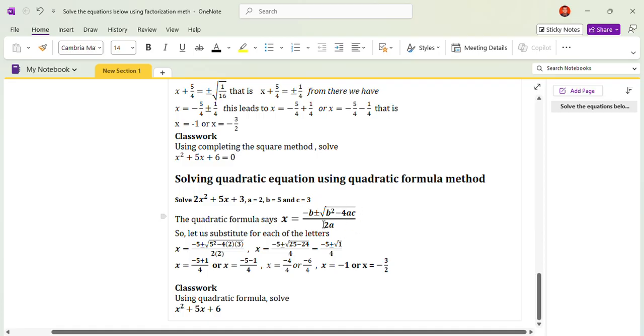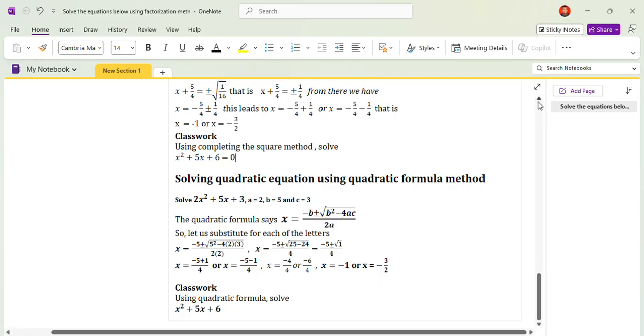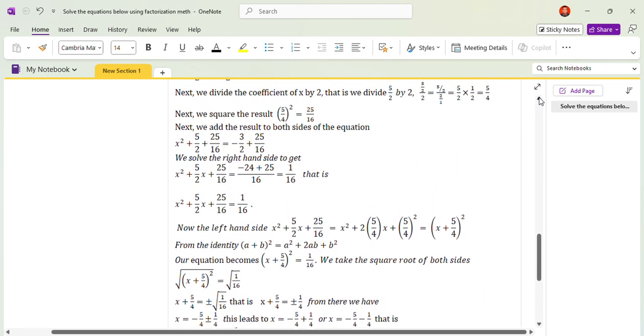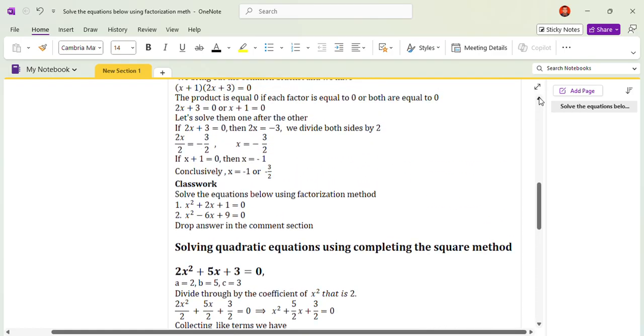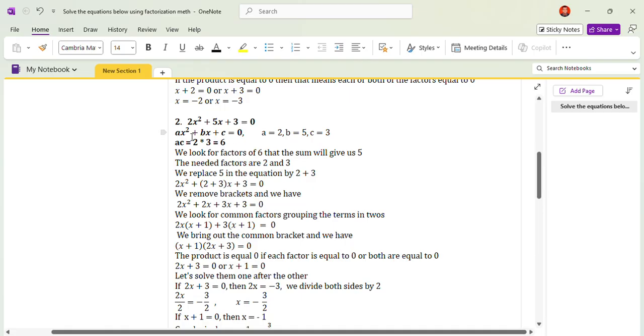Now this formula, how did they get it? They got it by solving the general form of the quadratic equation using the completing the square method. What do I mean by that? The general form of quadratic equation is ax squared plus bx plus c equals 0.